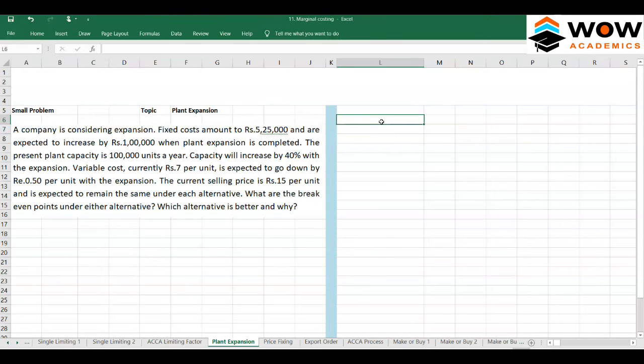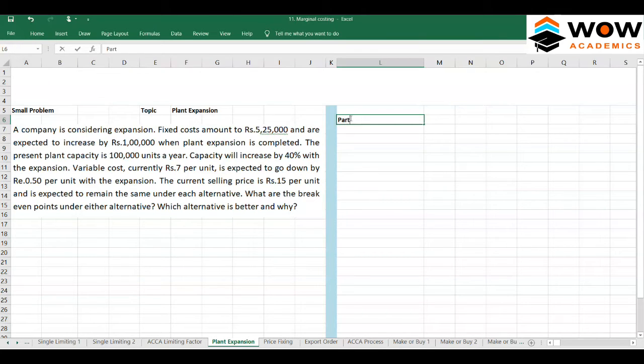So what we'll do is we'll start working with the format.